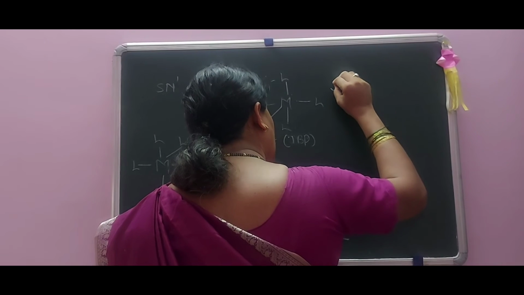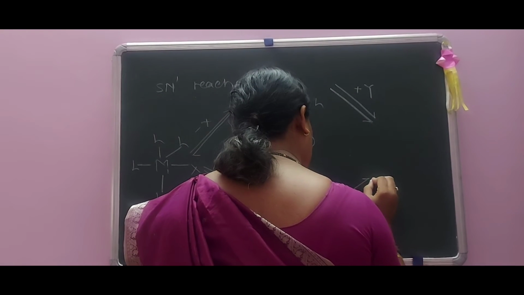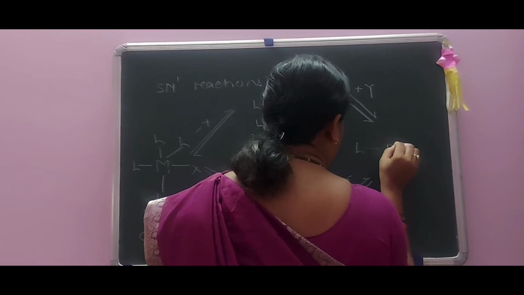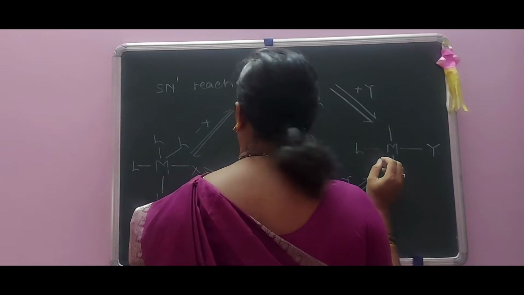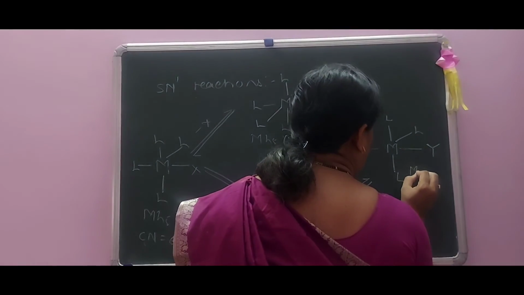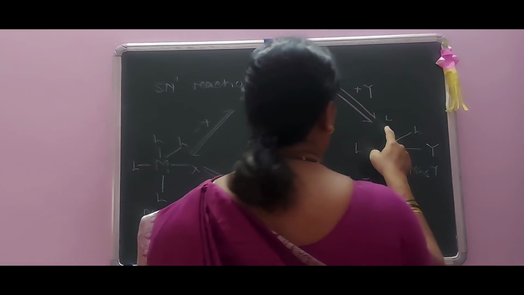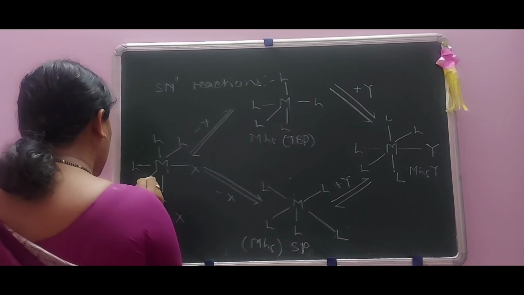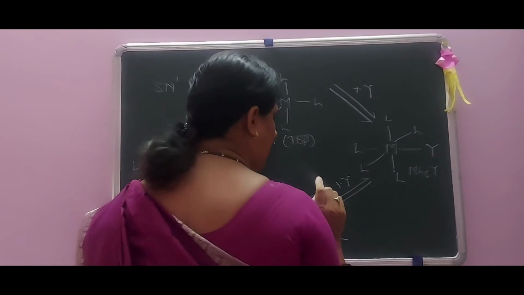Now on this, again plus Y, and here also plus Y. What happens here is ML5Y. Counting 1 2 3 4 and a fifth here, 1 2 3 4 5.